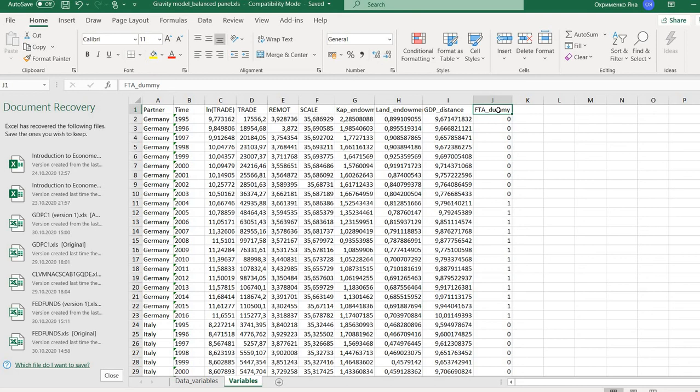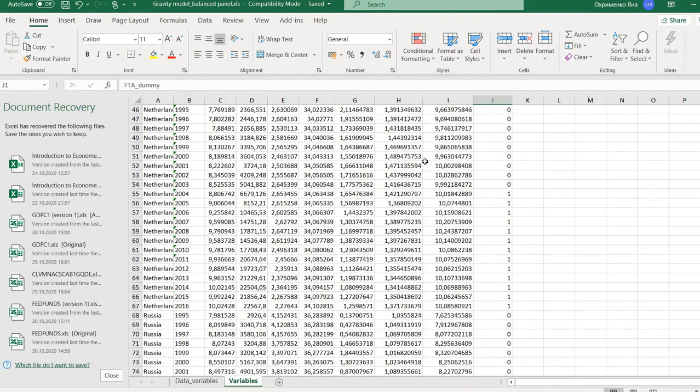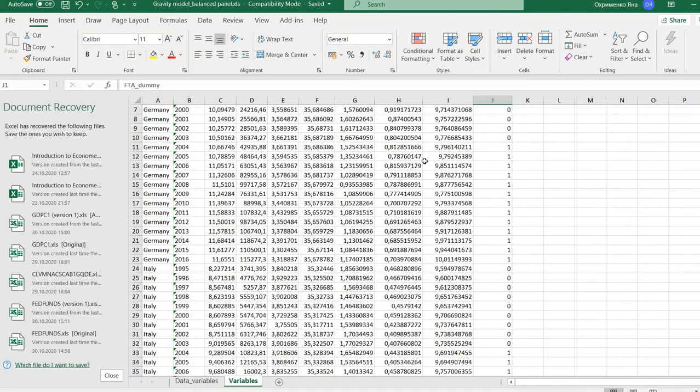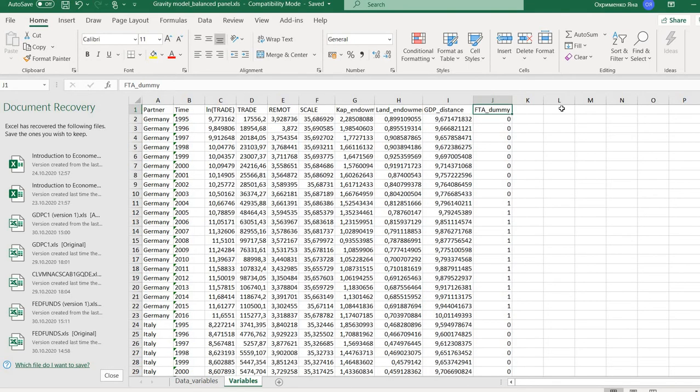I think in this type of model, some kind of cultural proxies are also common, like common language, common religion, and so on and so forth. Post-colonial relationships. For instance, in this case, it will apply to Russia. So using, again, a dummy indicating whether the country is in a post-colonial relationship with the trade partner.